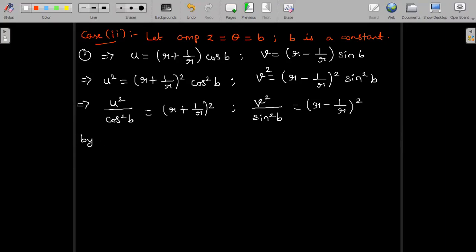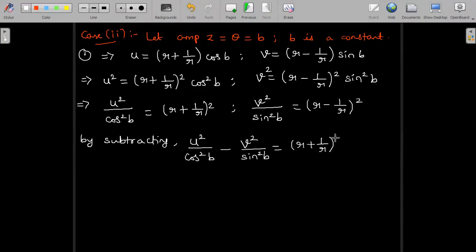So by subtracting, we can obtain u square divided by cos square b minus v square divided by sin square b is equal to r plus 1 by r the whole square minus r minus 1 by r the whole square.